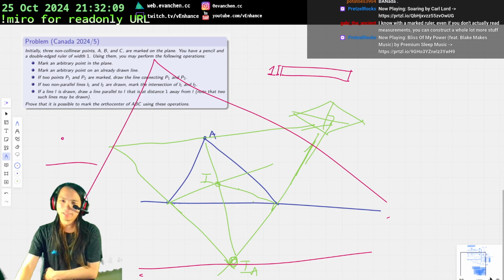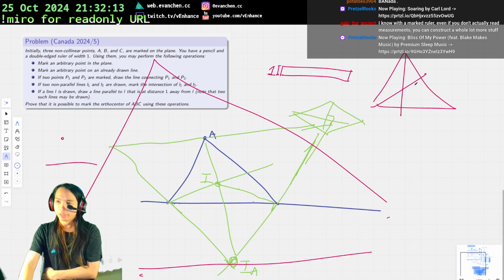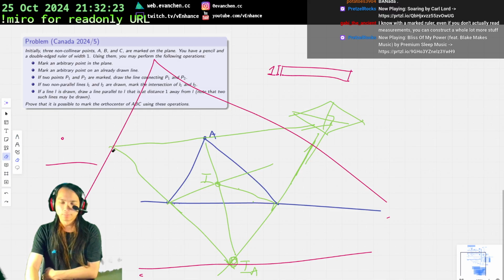When I take... if you take a triangle and you take some... hang on, there's something to this effect. I forget how it goes.